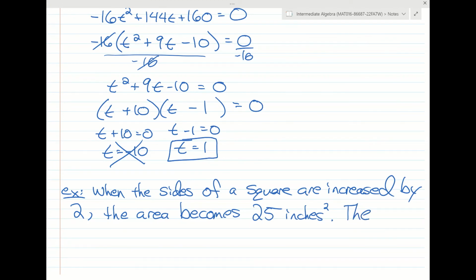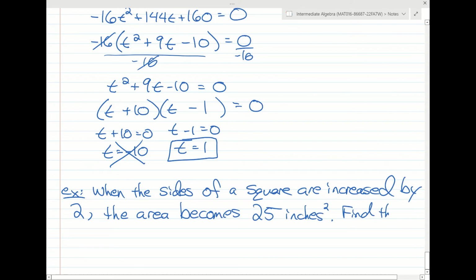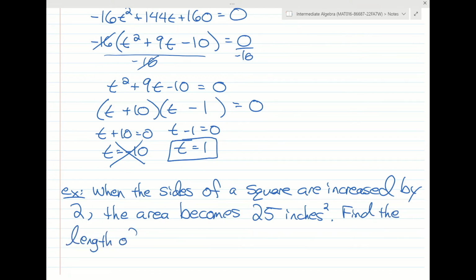Find the length of the sides of the square.